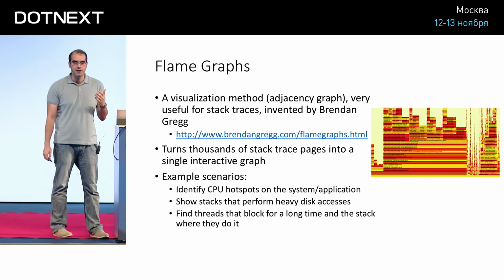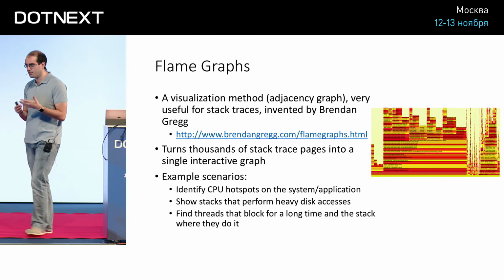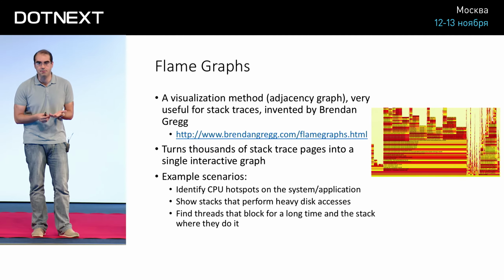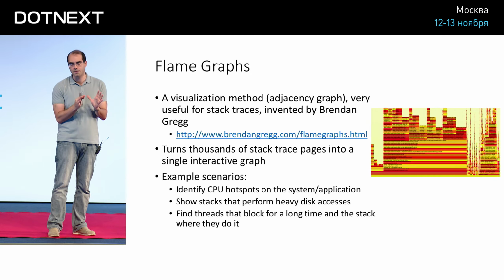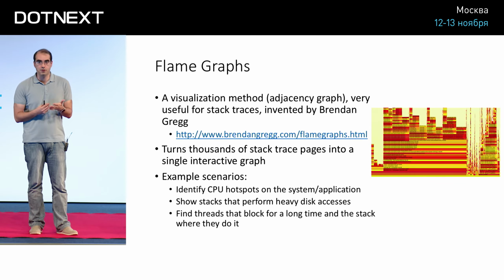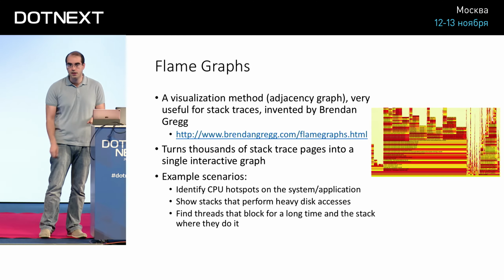So a flame graph is a way of visualizing lots of stack traces. You have lots and lots of stack traces of interesting things happening in your program, and you want to put them in a single interactive diagram. So flame graphs are a quite popular way of doing this. They were invented by Brendan Gregg, who's a Linux performance architect.